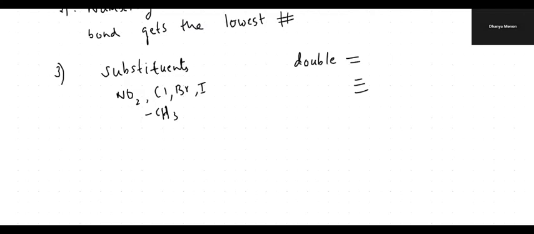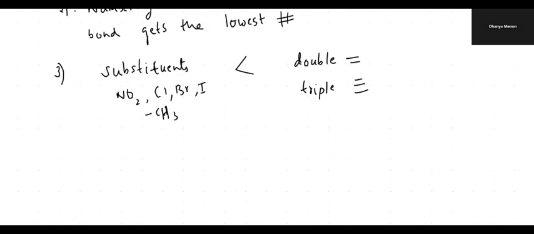for numbering, for getting the lowest number, always the substituent has less priority. Substituent has less priority than the double and triple bond.